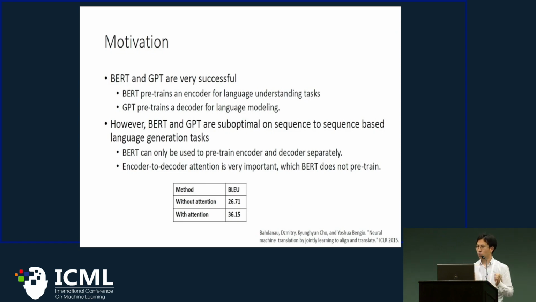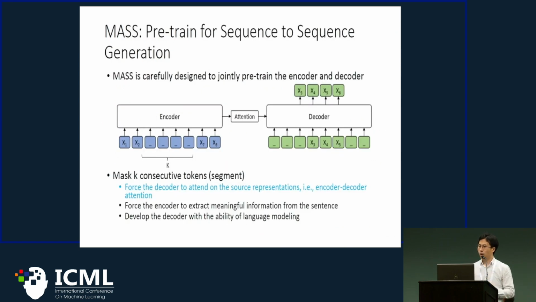Especially the encoder-decoder attention is very important for this kind of application. However, BERT only pre-trains an encoder, and GPT only pre-trains a decoder, so they cannot handle this kind of task well.